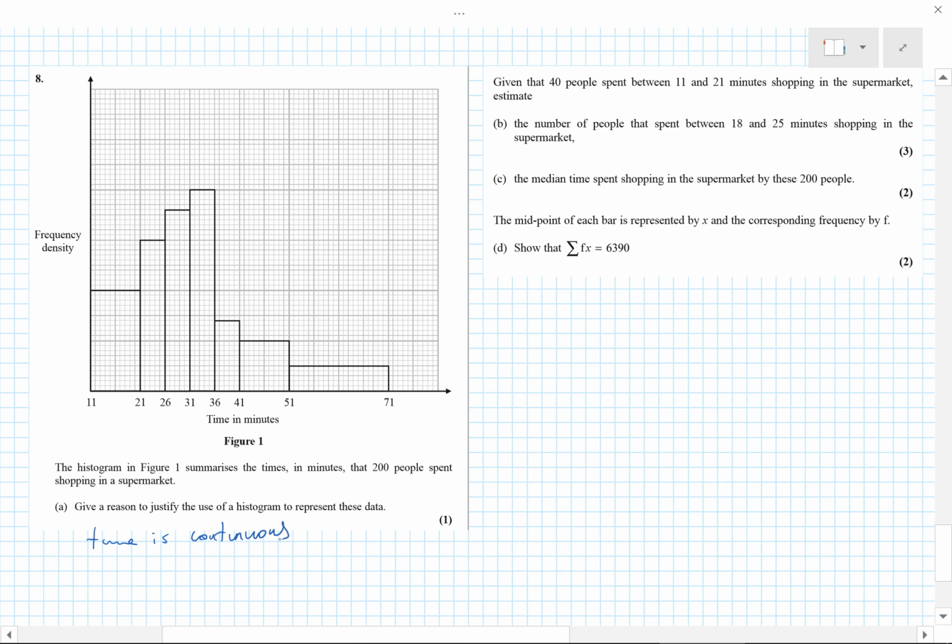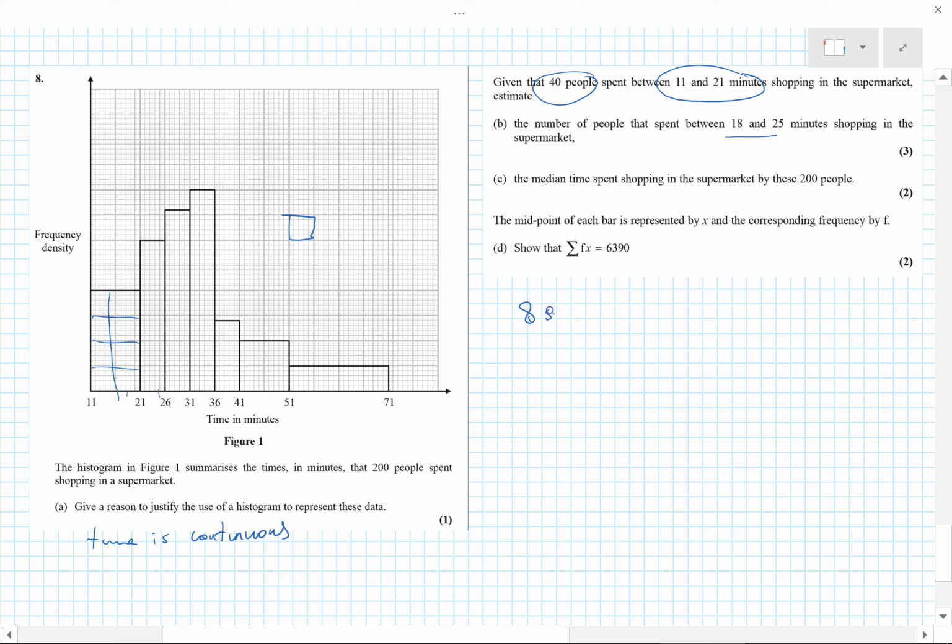Part B, find the number of people that have spent between 18 and 25. Obviously 18 and 25 are along there, so we need to try and find what each one of these squares represents. We are told between 11 and 21 there's 40 people. So if we look at this, we've got 8 squares here. There's 8 squares there.